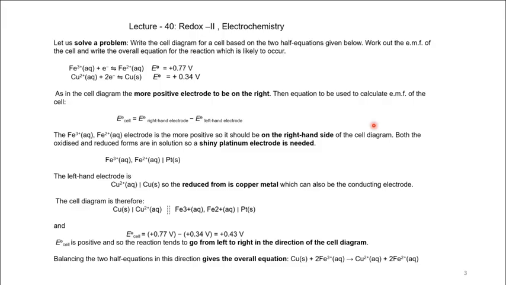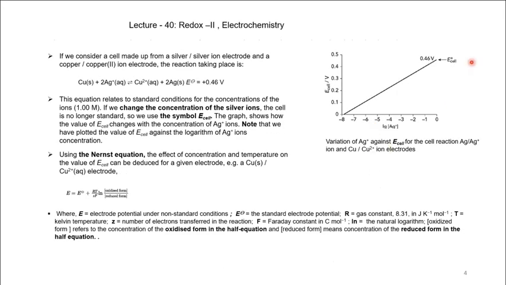Okay, we go to the next slide, and it says that we are always saying the standard electrode potential should have an electrolyte concentration of 1 molar. So if the solution is not 1 molar, if the concentration is higher or lower, then we cannot say this is a standard electrode potential.